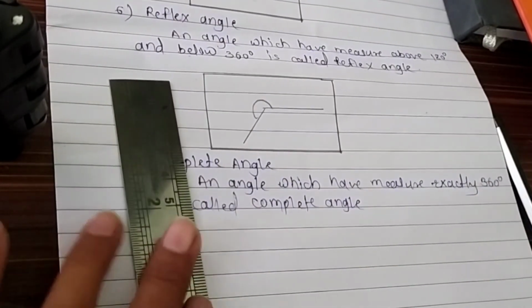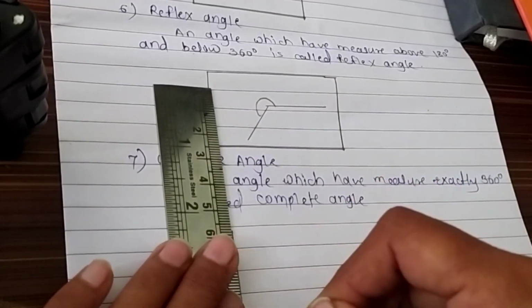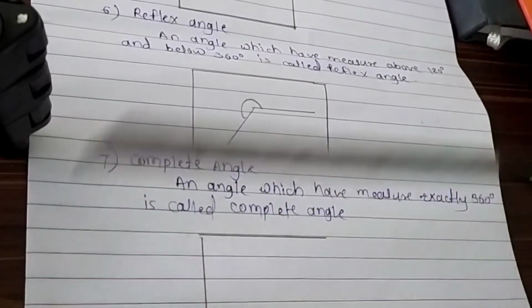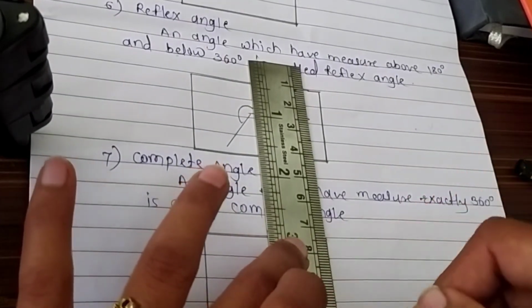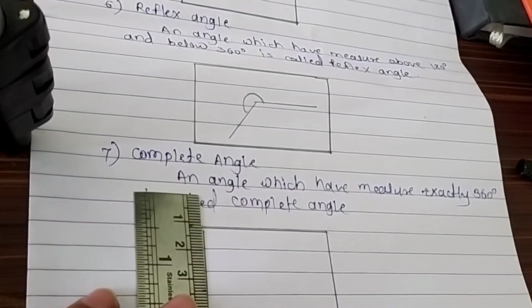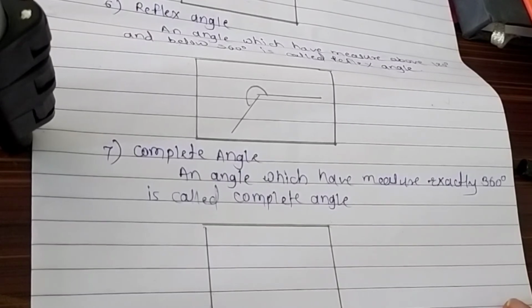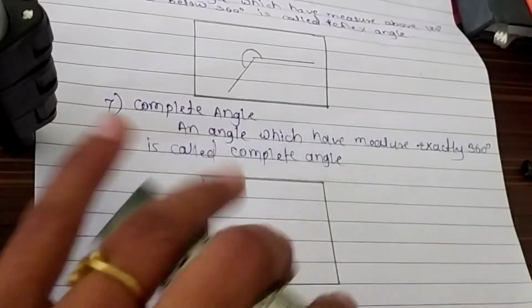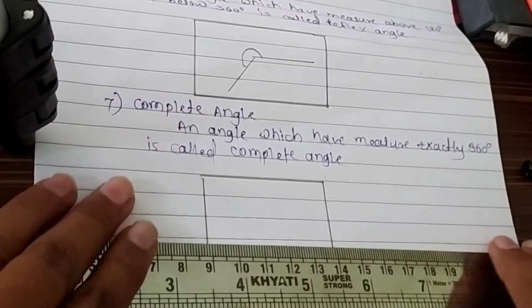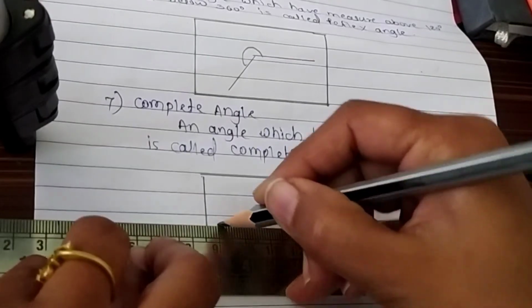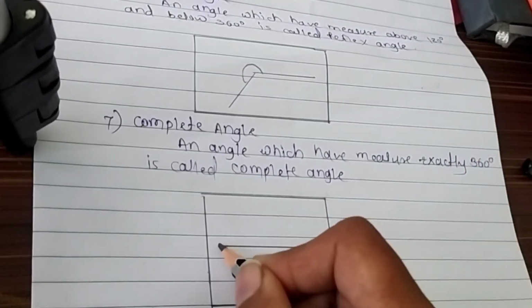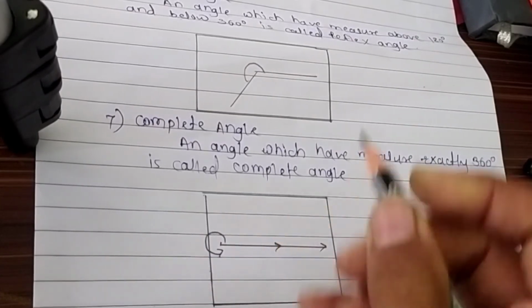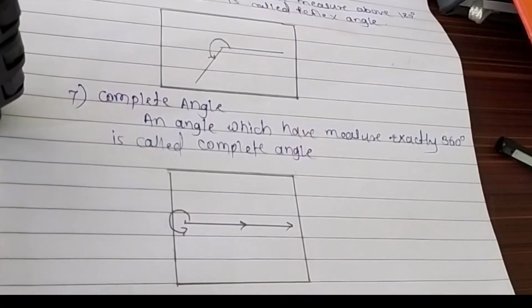It looks just like the zero angle figure. It is the figure of a complete angle.